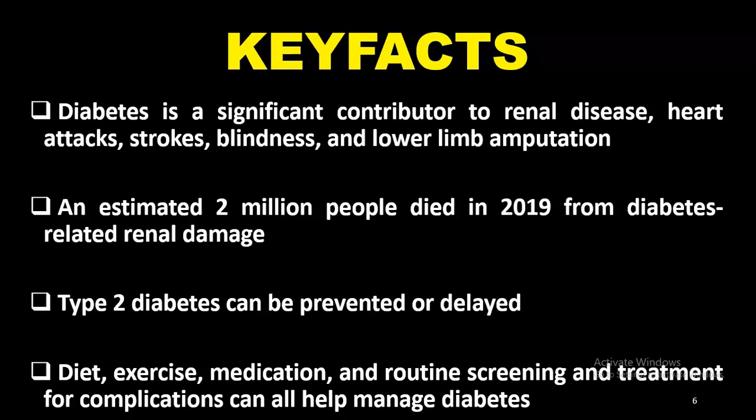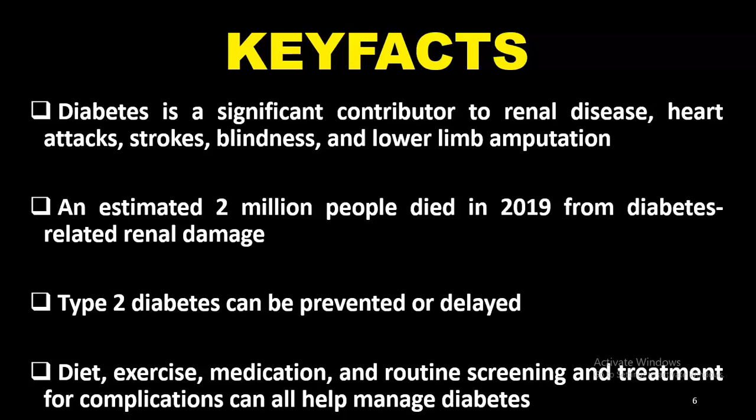Diabetes is a significant contributor to renal disease, heart attacks, strokes, blindness, and lower limb amputation. Age-specific diabetes mortality rates increased by 3% between 2000 and 2019. An estimated 2 million people died in 2019 from diabetes-related renal damage.